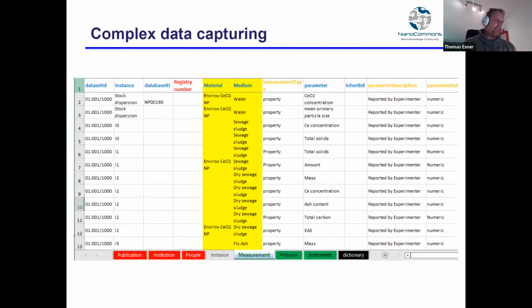There is already the idea that this is connected to data. Therefore, you also have these ideas of the instances in the data capturing, where you see here that these instances are covered. There is a description of what the material and the medium are, but this becomes relatively quickly very, very complex, because you don't want to have hundred thousands of these spreadsheet tabs for each individual instance.